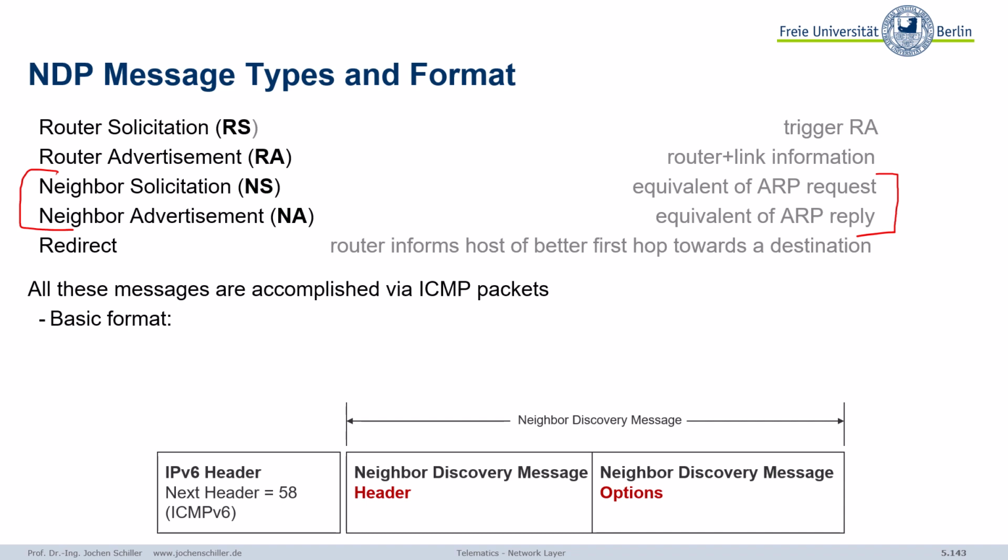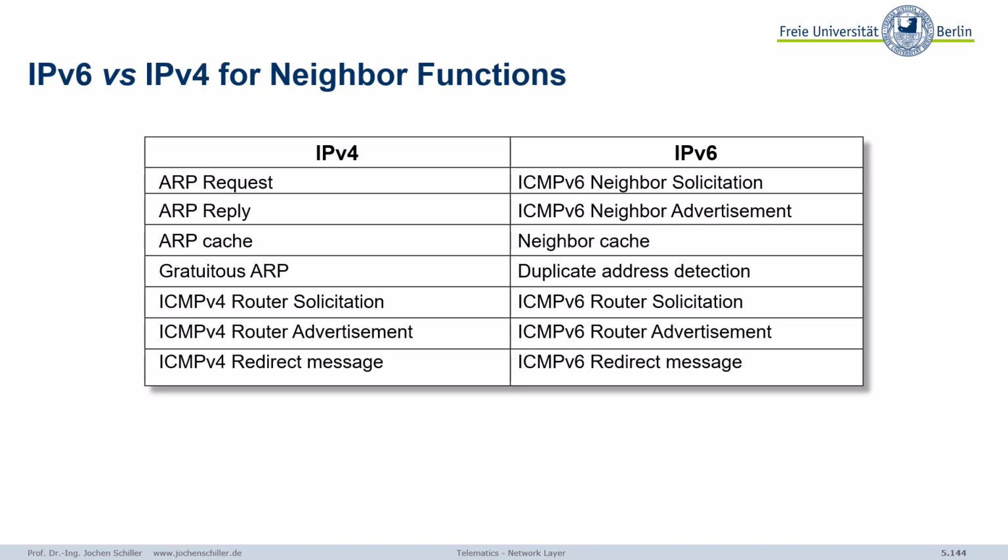That's the idea. So both IP version 4 and IP version 6 need these mapping functions of this is my hardware address, what is the IP address, this is the IP address, what is the hardware address. And we had this IP to MAC, that was our ARP. And now here we have our neighbor solicitation, advertisement, and neighbor cache.